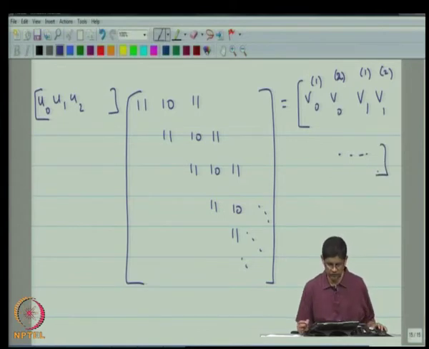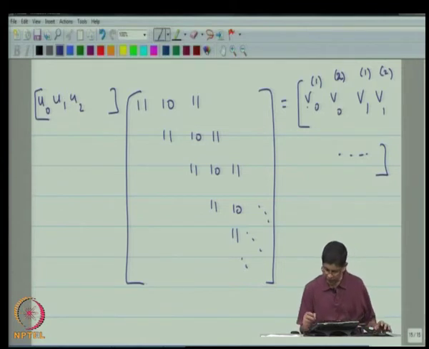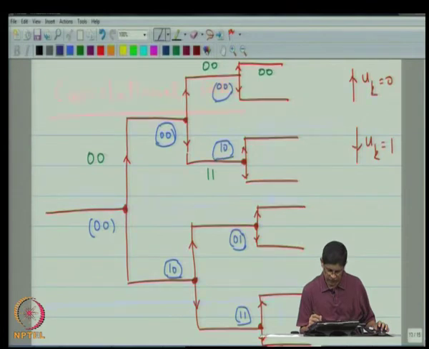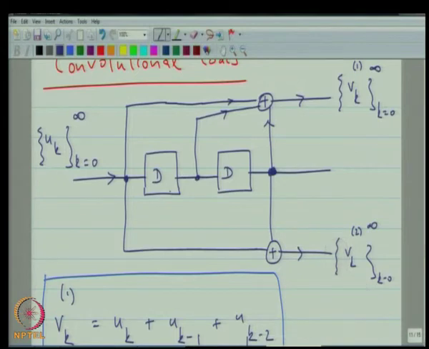Okay, and you can check that this is true, because what we are really saying is, for example, take this symbol. By the way, there is one thing I should clarify: you always assume that for this encoder the initial conditions are that both these registers are set equal to 0. So may as well mention that.